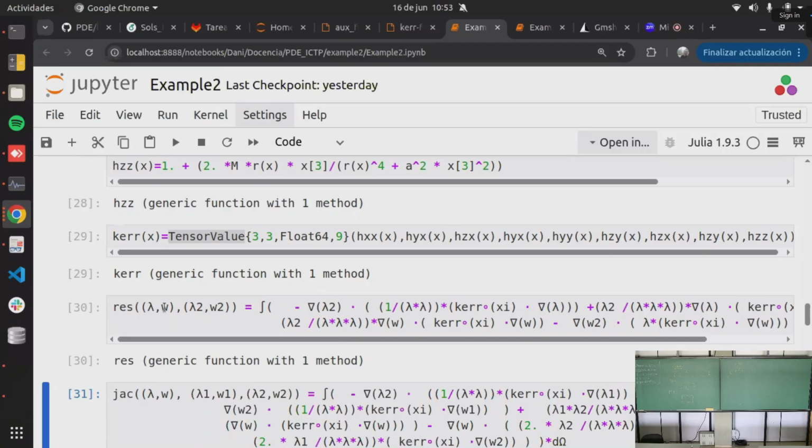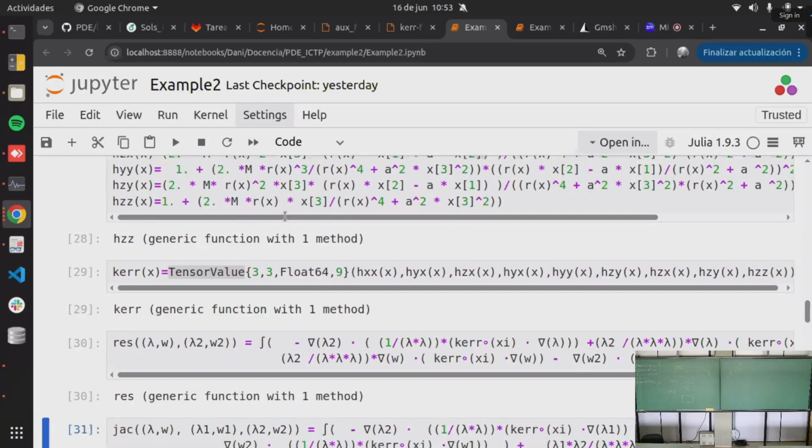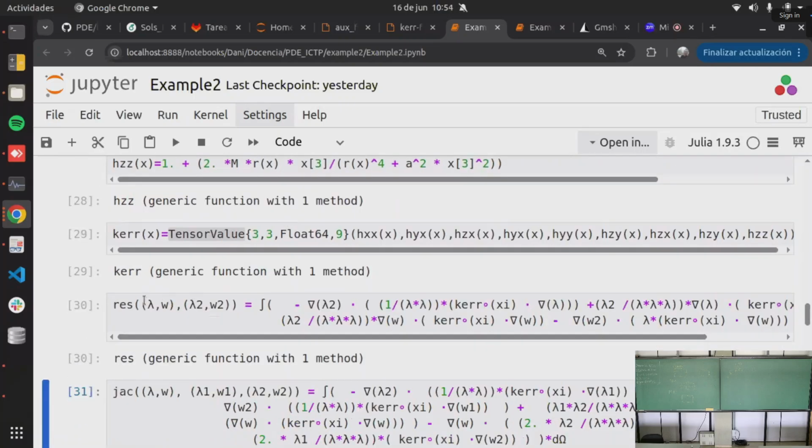So remember that our space now is a multi-field space. So we have to perform in this way. This is the step one solution, or the n iteration, and this is the correction, and this is the linearized part of the system.